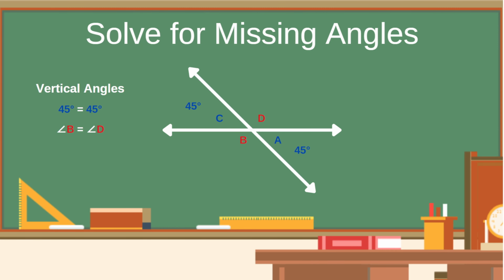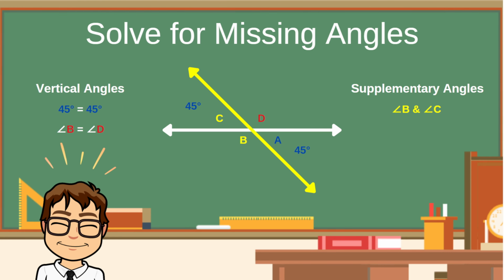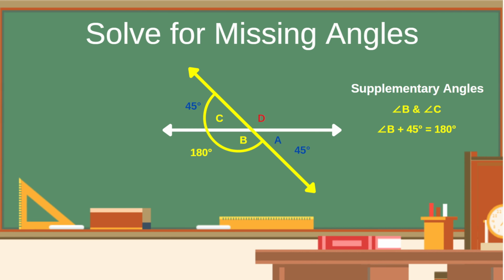Now, angles C and B form a straight line. And we know that angles on a straight line are supplementary, which means they add up to 180 degrees. 45 plus the measure of angle B equals 180.